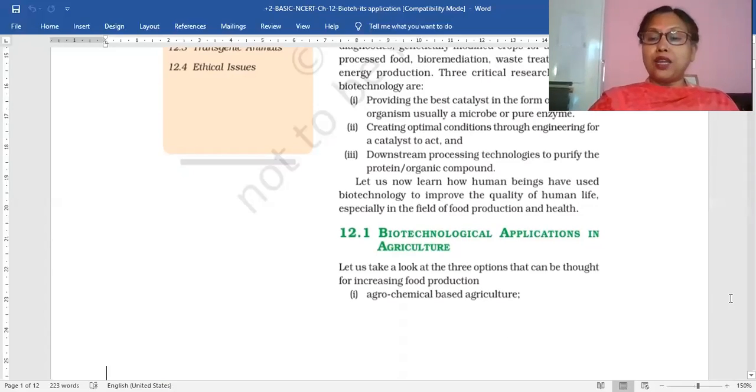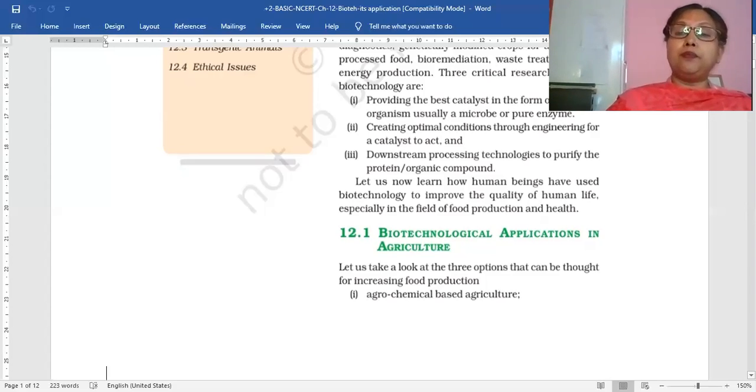The third one is downstream processing. That is the last step, when we purify any substance and finally go for packaging. It is again very, very important. So let's start with that.